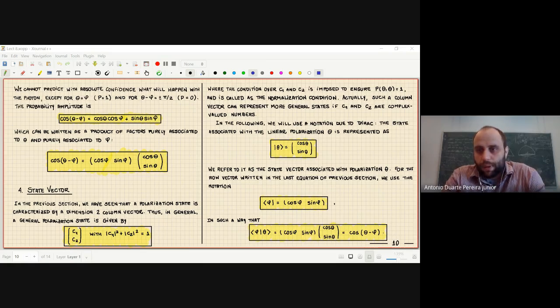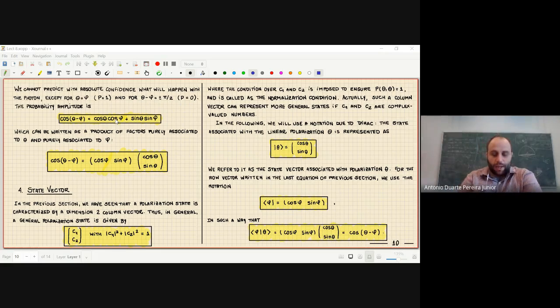Good. So now this product of factors being summed can be written as a term that just contains information about phi and a term that just contains information about theta. And these I can arrange in the form of vectors.